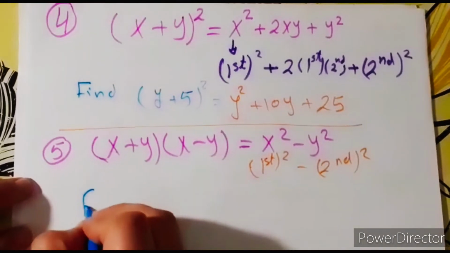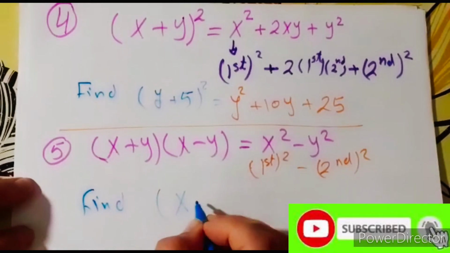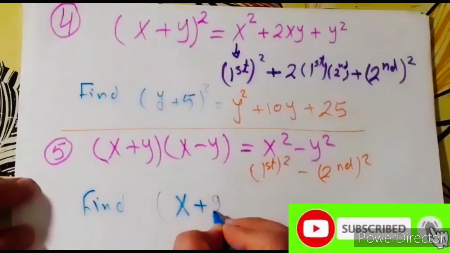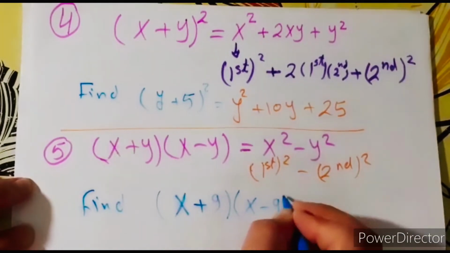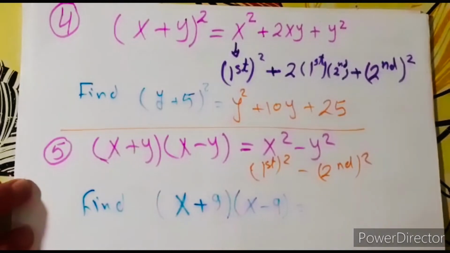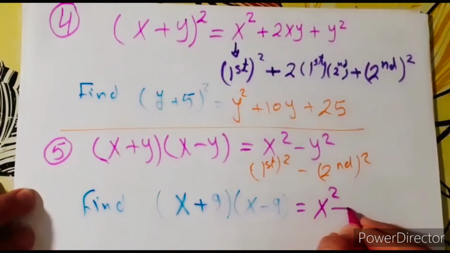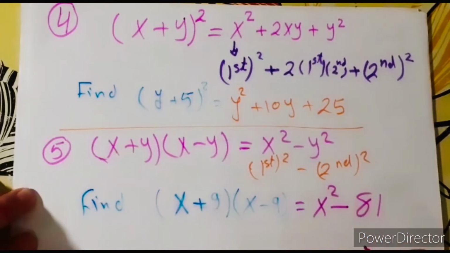Another example, find x plus 9 times x minus 9. We can write x power 2 minus 9 power 2 equals 81.